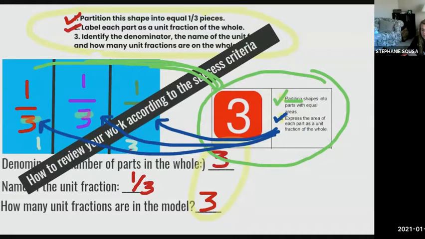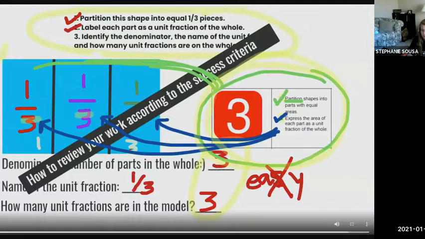Notice that I did not say, I know that I was successful because this was easy. Easy does not prove that you understand a concept. So when you are reviewing your work, make sure that you are grabbing the vocabulary directly from the success criteria and talking about exactly what it is you did during the task that tells you you did your work correctly.